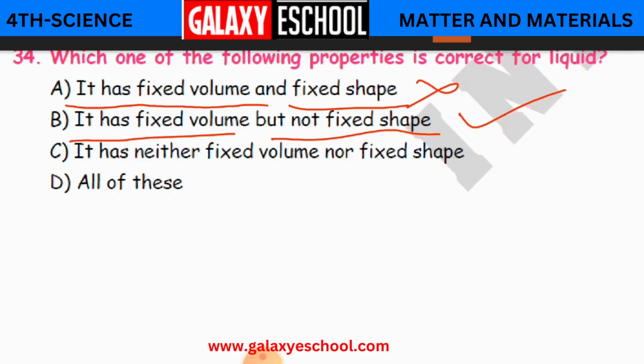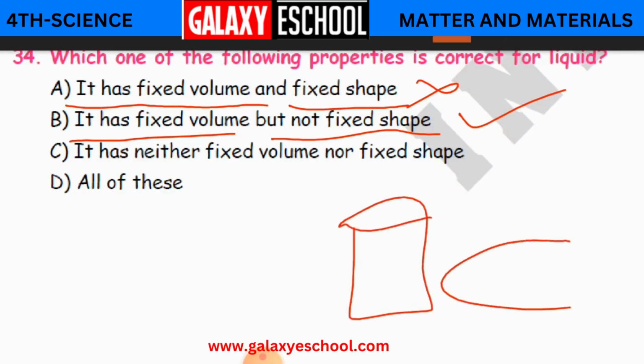Now when you measure it and put it in one container as 1 liter of water, the volume is 1 liter. And again, that 1 liter of water, if you pour it into another container which has a different shape, that 1 liter of water will be the same, but the shape of the water is going to change according to the container.